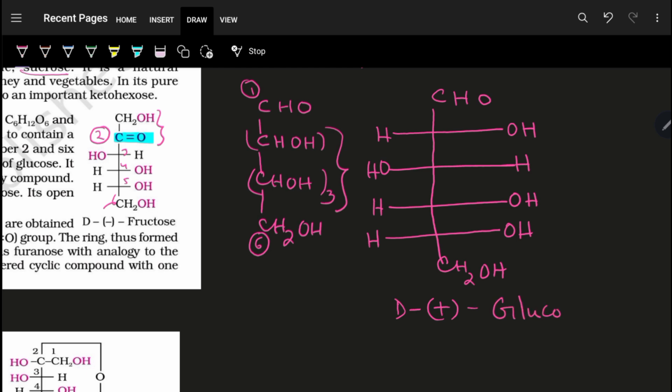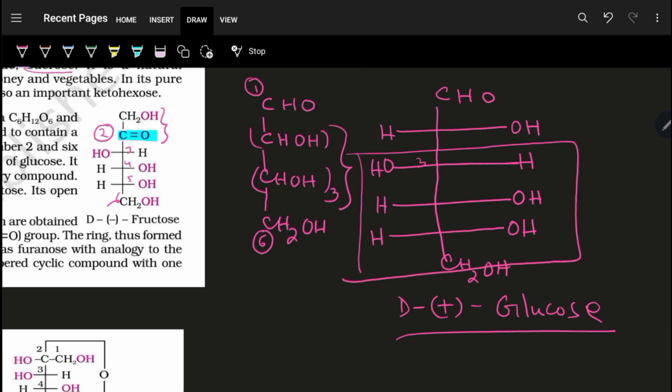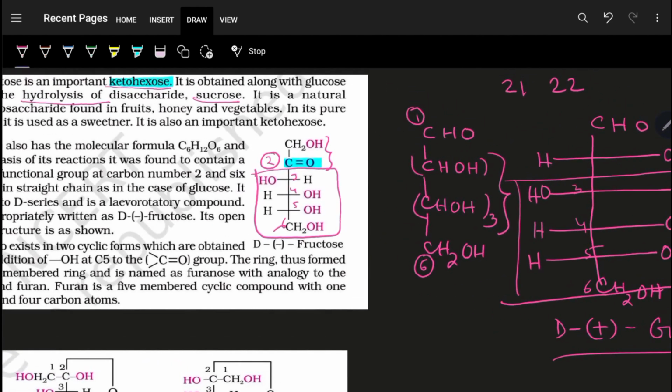Now, if it is D plus glucose, the open chain structure, we can see that the configuration from C3 to C6 is the same as in fructose. So glucose and fructose differ only at C1 and C2.